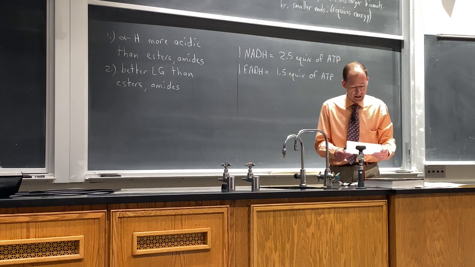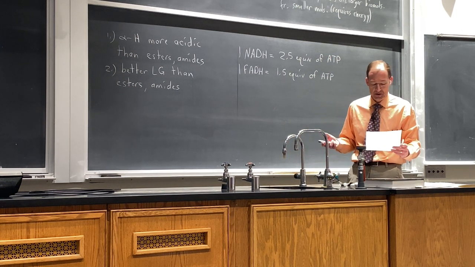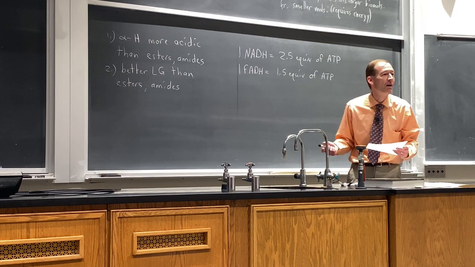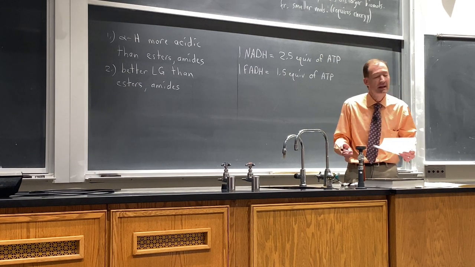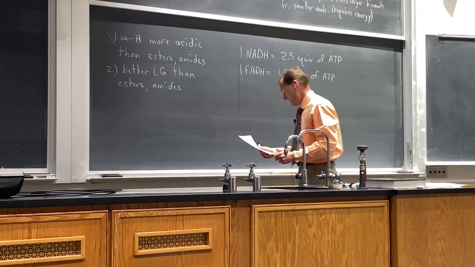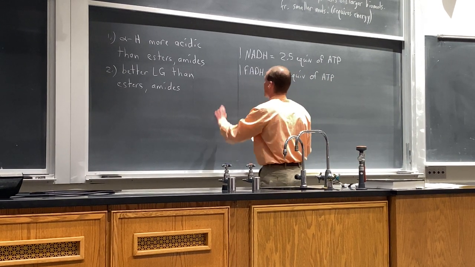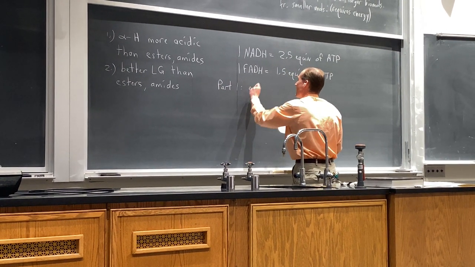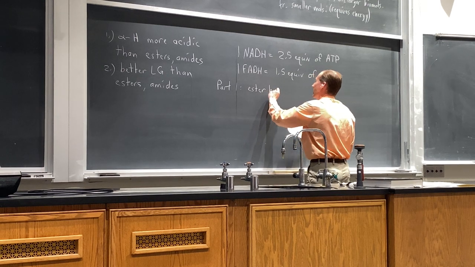All right, so now we're going to talk about the beta oxidation process, or how triacylglycerols are catabolized in nature with the release of energy. And there are 3 parts to the process. Okay, part 1 is an ester hydrolysis.